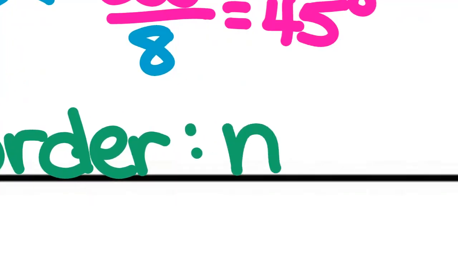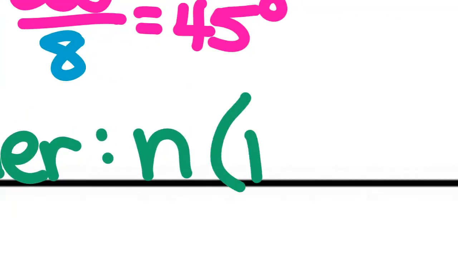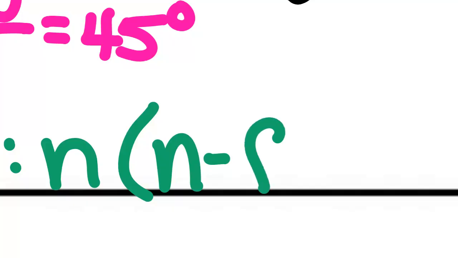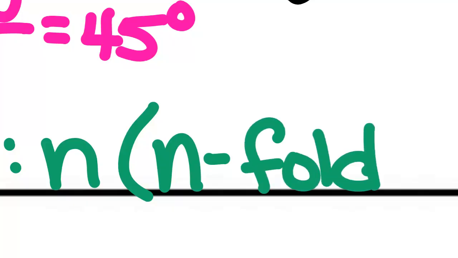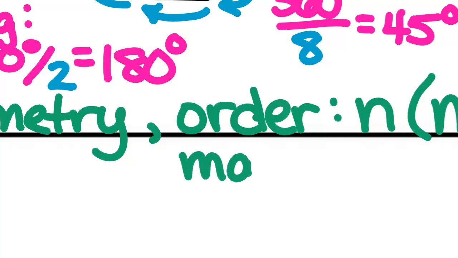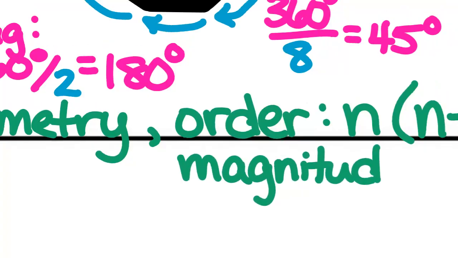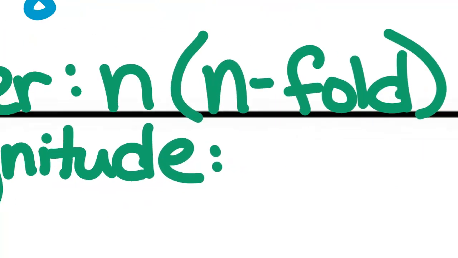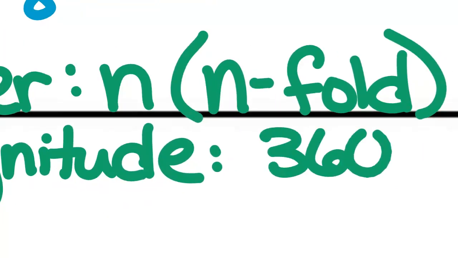will be n, or n-fold. And so then the magnitude would be 360 degrees divided by n.